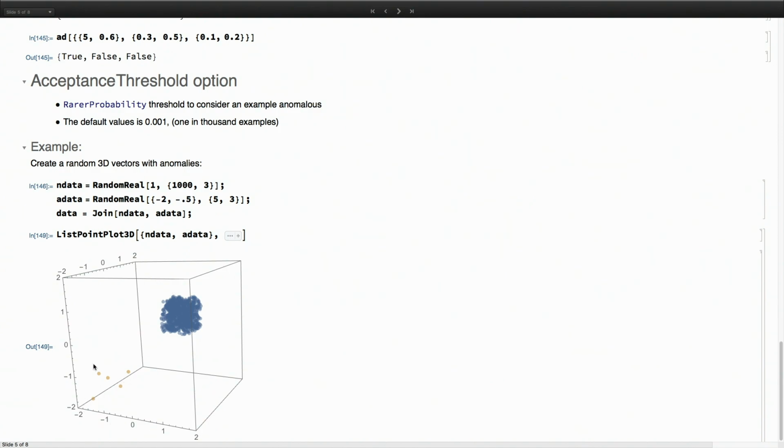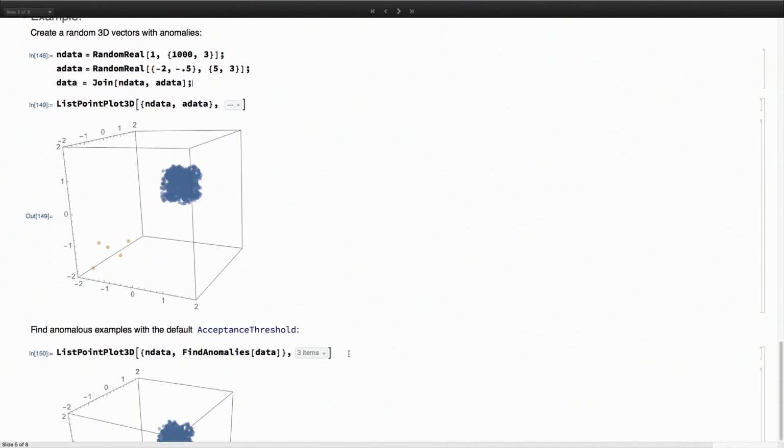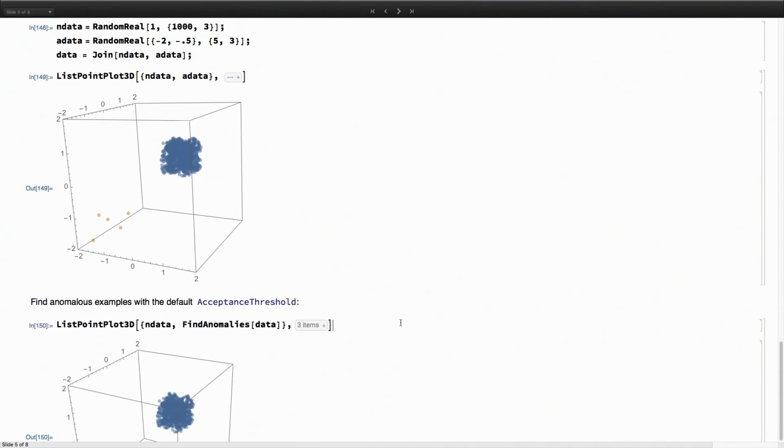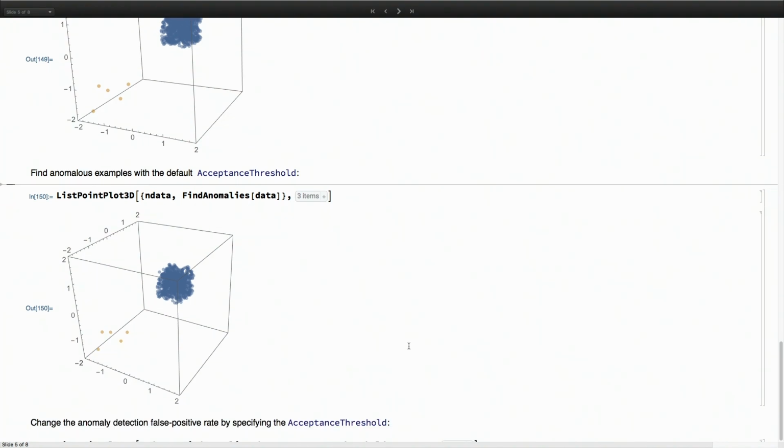So you can see the anomalies here, and the majority of the data is normal data here. If we just use FindAnomalies on this set of data, it will correctly identify these anomalies with the automatic acceptance threshold.